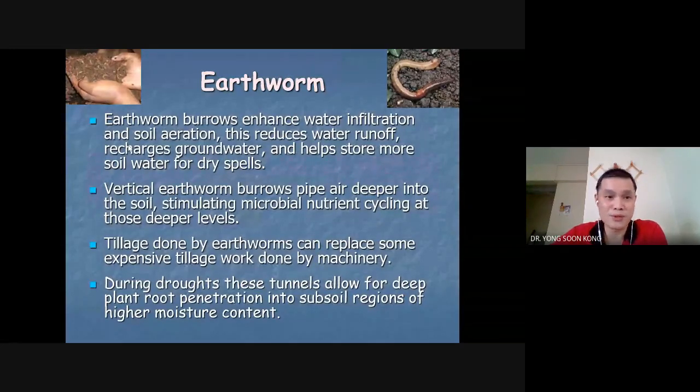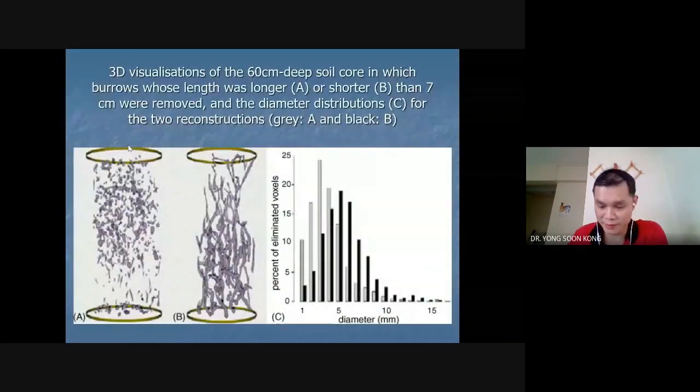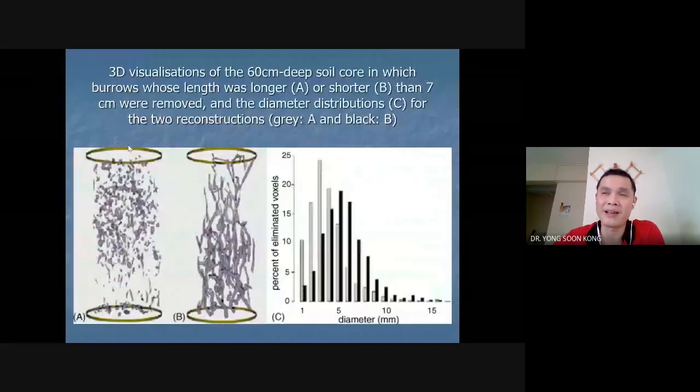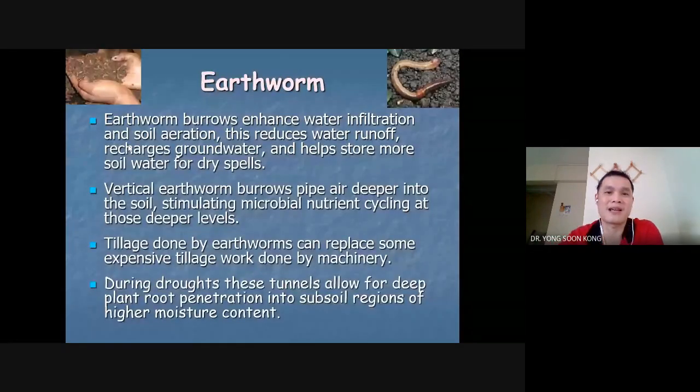So what do earthworms do? It's not like a horror movie. See, earthworms are actually quite tame and they are not that scary. Now, what earthworms do is that they live inside the soil and help you clean up your mess. The mess I mean here is the dirty things from living organisms. That includes feces. Do you know what feces is? Feces is what you generate after you eat your food.